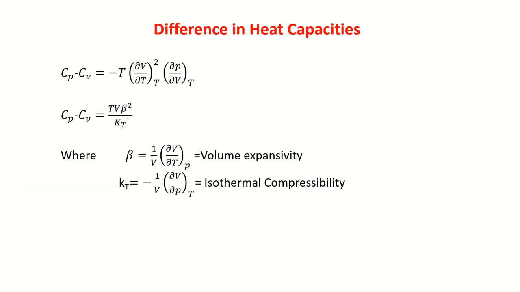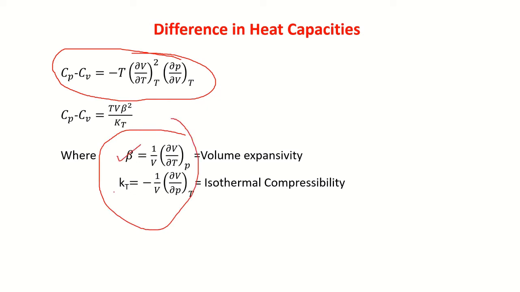Now, similarly, we can also derive equations for Cp minus Cv. Using this Maxwell's relationship, it is possible that we can derive Cp minus Cv is equal to minus T (∂V/∂T at constant P) squared, multiplied by ∂P/∂V at constant T. So finally, by replacing these quantities by beta, the volume expansivity, and kT, which we call the isothermal compressibility, we can write this equation in this fashion.